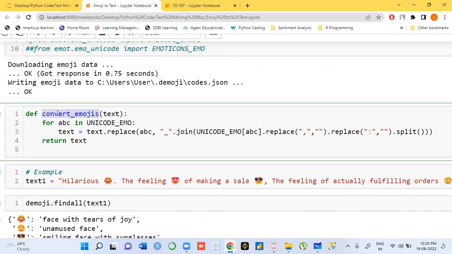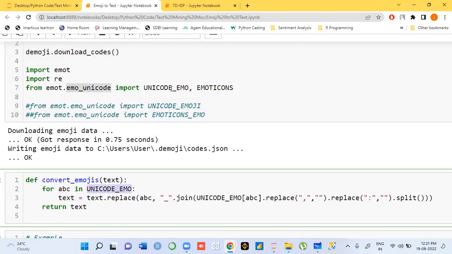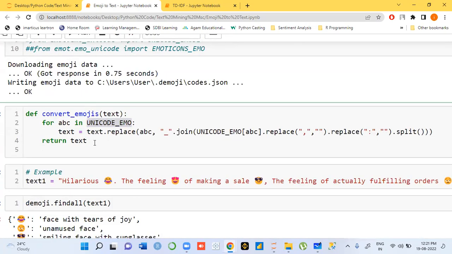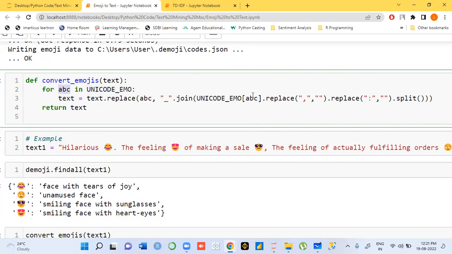Convert emojis is a function. Parameter name: text. Whatever comes in Unicode, demoji is inbuilt, which is the function where we have all the emojis. We'll go in ABC. Clear? Now whatever we have in ABC, we pick them up and replace them by blank, and we split.